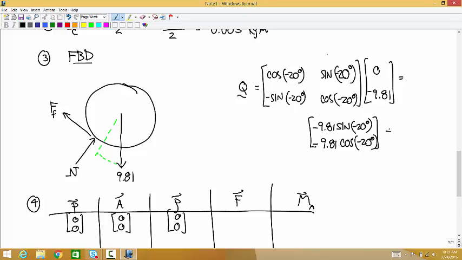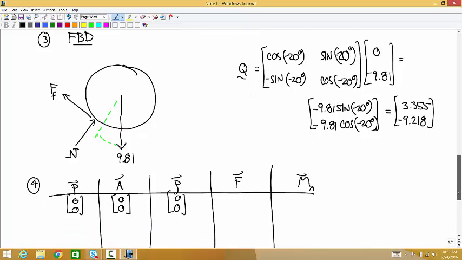And what do you get numerically for that? Could someone punch that in? I got 3.355 and negative 9.218. Okay. And you can sanity check with the signs of those, and that makes sense.